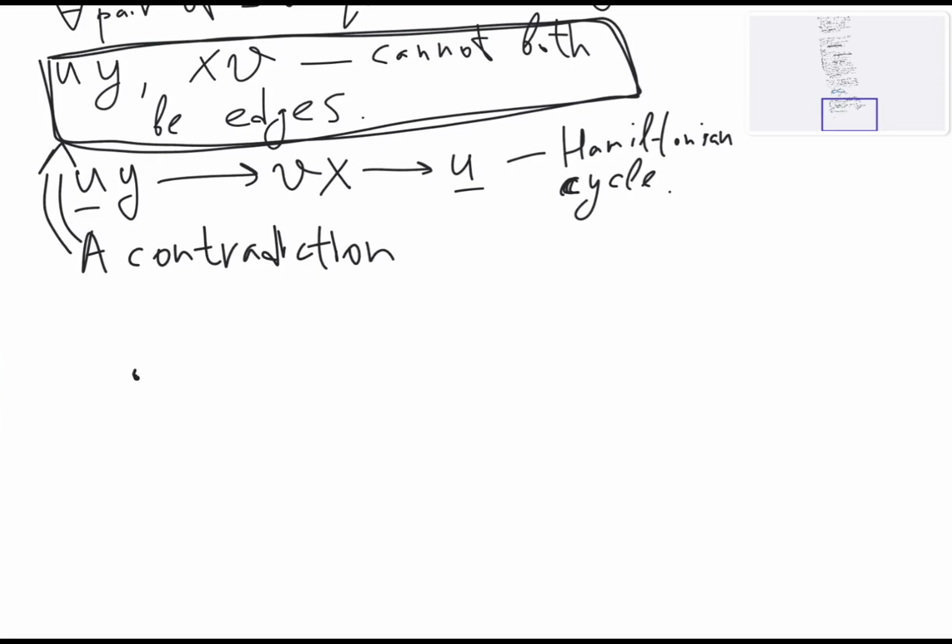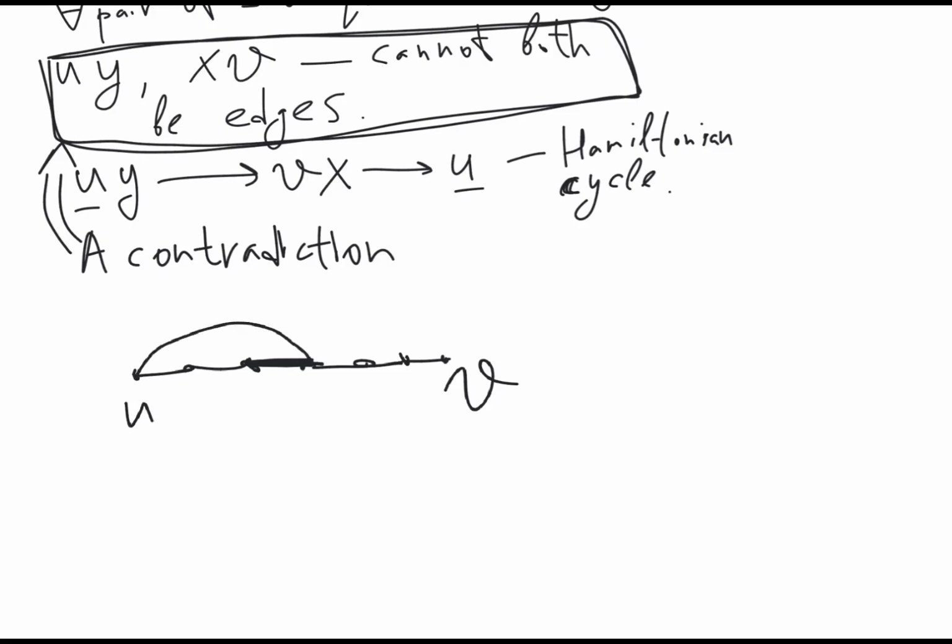So we have this chain from u to v that passes through all vertices, and for any edge in this path, you find that both this and this cannot be edges at the same time.